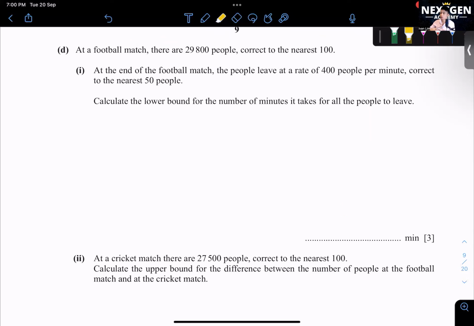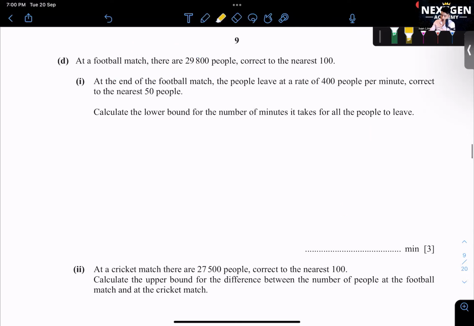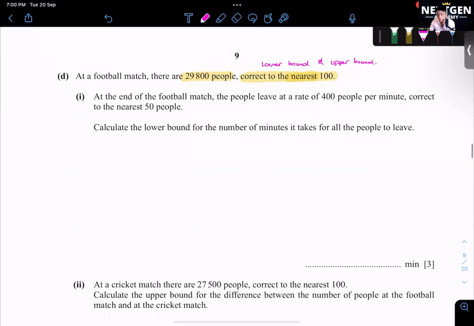Question D. At a football match, there are 29,800 people, correct to the nearest 100. Okay, when you see these words, correct to the nearest 100, this is a lower bound and upper bound kind of question. So we need to learn how to identify the keywords here.